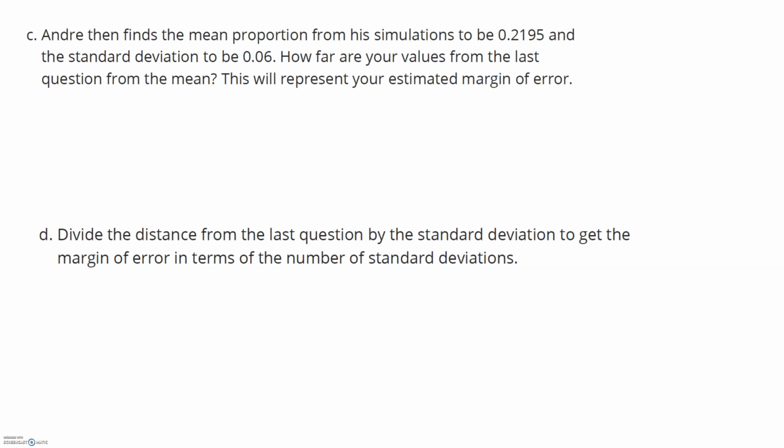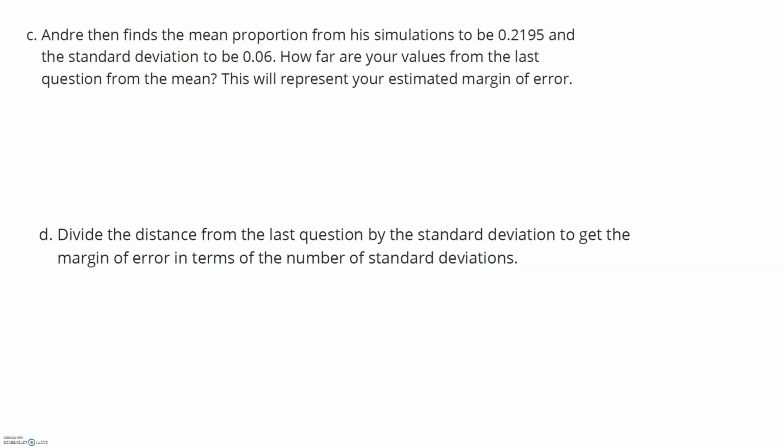Okay, Andre then finds the mean proportion from his simulations to be 0.2195 and the standard deviation to be 0.06. So you can go back and add this up and you will see that this is accurate, right? And so it says, how far are your values from the last question from the mean?